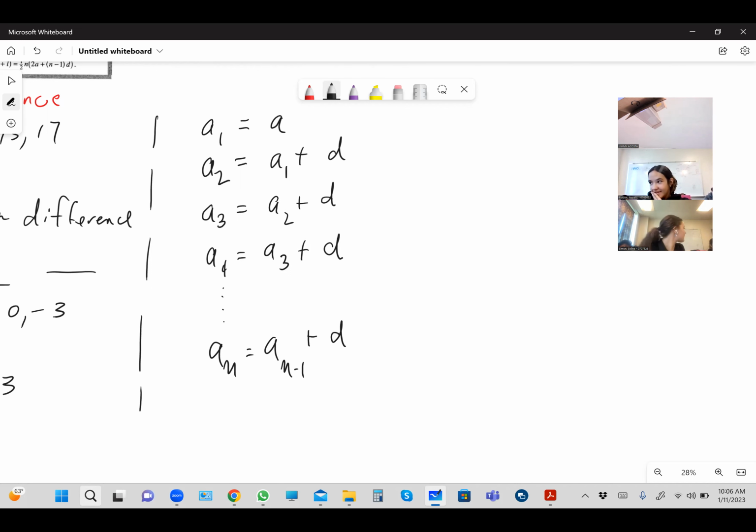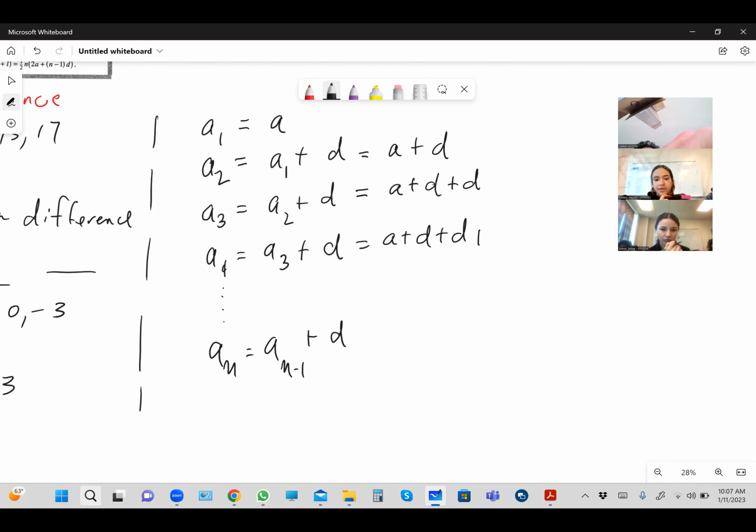I can write that. But what I want you to see is that if we go back, a sub 2 equals A plus D. A sub 3 must equal A plus D plus D. A sub 4 is A plus D plus D plus D. So notice that I have A plus 1D, A plus 2D, A plus 3D.